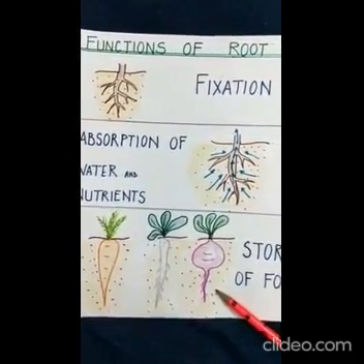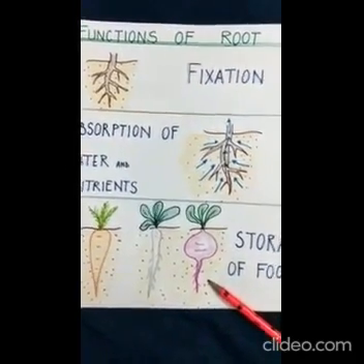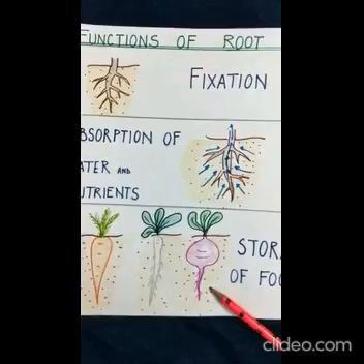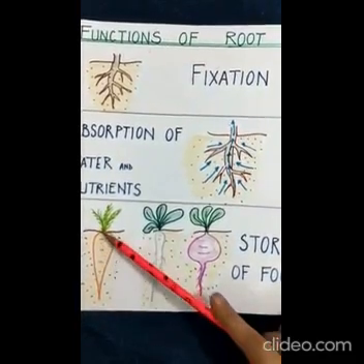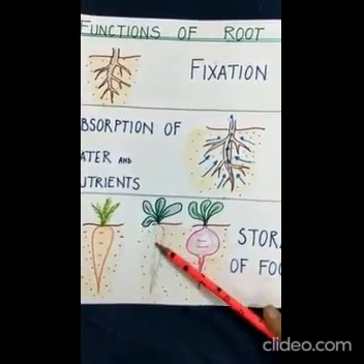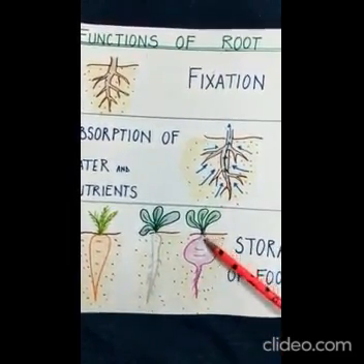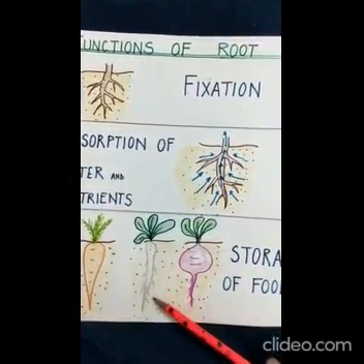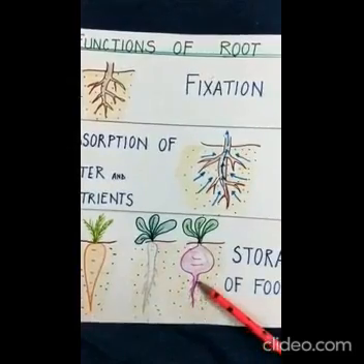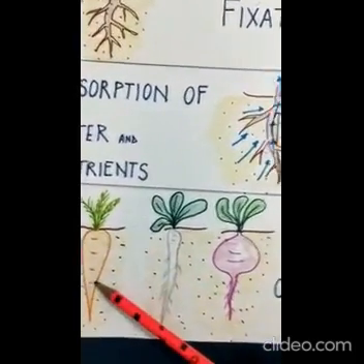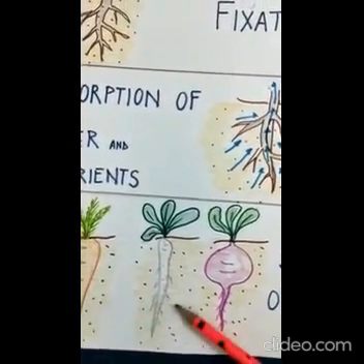Do they have bunch of roots or they have a long main root? Yes, they all have long main thick root that goes deep inside the ground, and they have very thin secondary roots also coming out from the main root. So all these three are the examples of taproot.